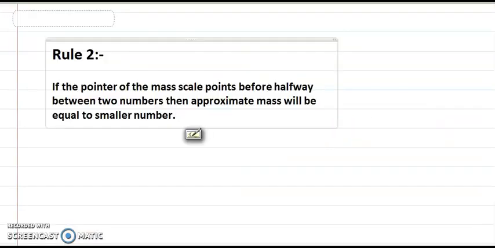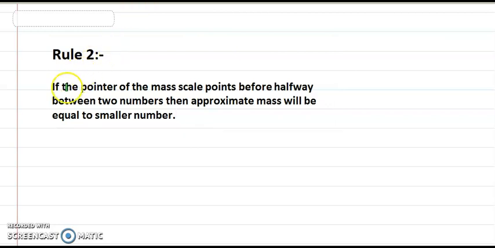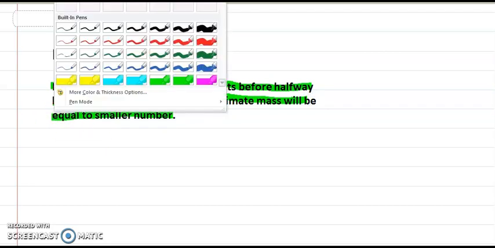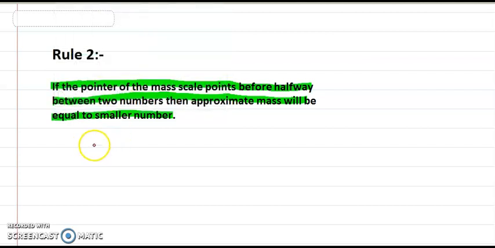Now the second rule is, if the pointer of the mass scale points before halfway between two numbers, then approximate mass will be equal to the smaller number. Let's take an example. For example, we have here the numbers 0 and 1. Now halfway between 0 and 1 will be 1 over 2.